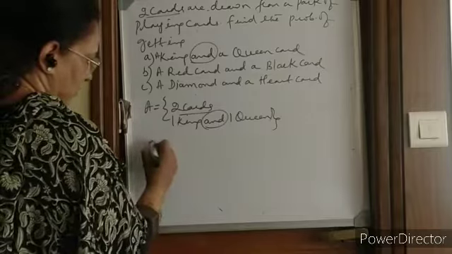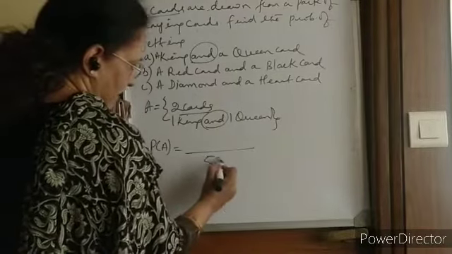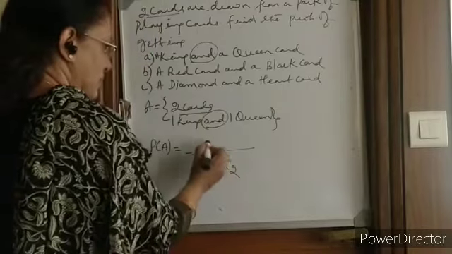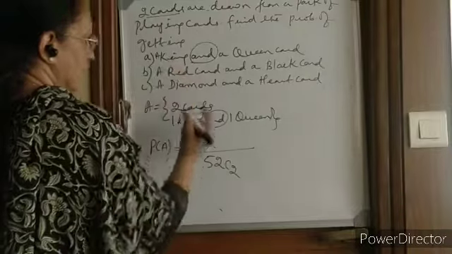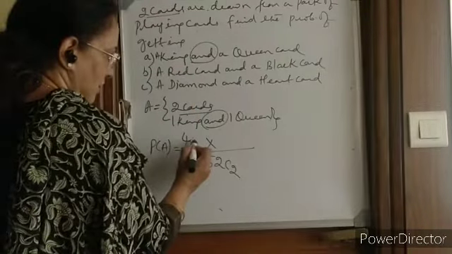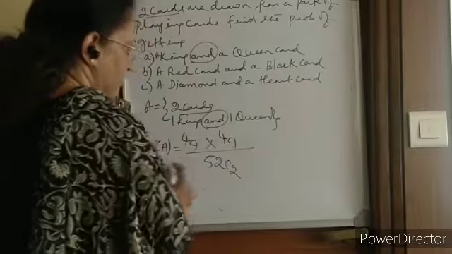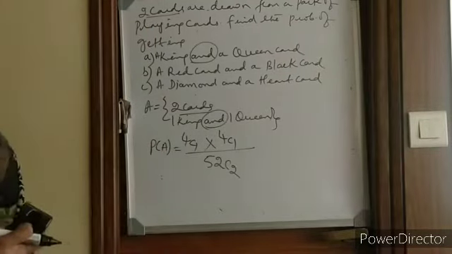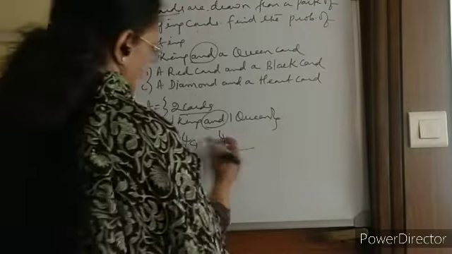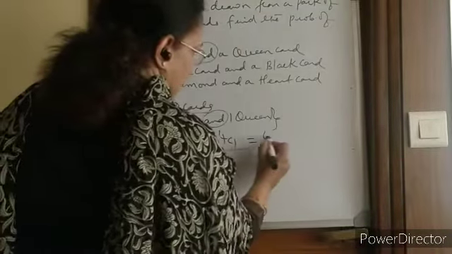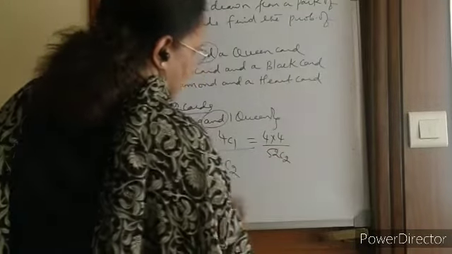So it will become now probability of A, the change will be now 2 cards. So you will write it as 52C2. And is there, so you just put the multiplication sign. First one is king. So how many king? So 1 out of 4. 4C1 into how many queen? 1 out of how many? 4C1. Now this will be the difference here. So 4 into 4 it will become now divided by 52C2. Of course you will have to do the simplification, right?